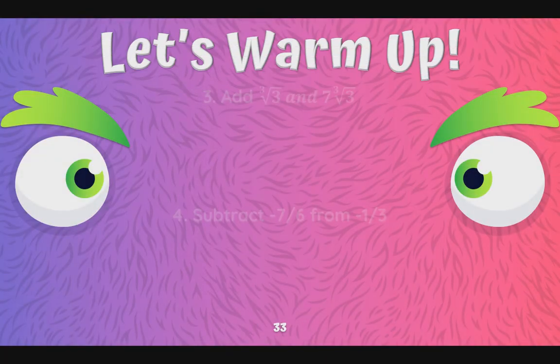Next, let us add cube root of 3 and 7 cube root of 3. So in radicals with the same radicals, we have here cube root of 3, they have the same cube root of 3. We will just add the numbers outside the radicals. Here the number outside the radical is 7, while here we see nothing.